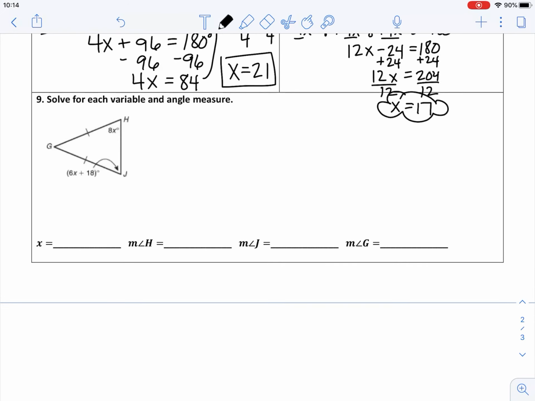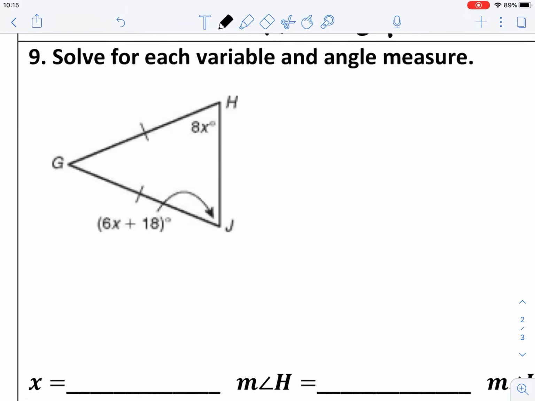And then finally, let's take a look at number 9. We're going to solve for each variable. We'll solve for x, and then we are also going to solve for the missing angles, h, j, and g. The isosceles triangle has GJ congruent to GH. Therefore, angle J is congruent to angle H. I don't know the measure of angle G yet.